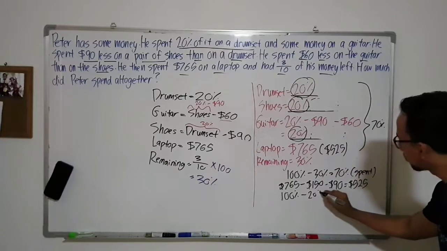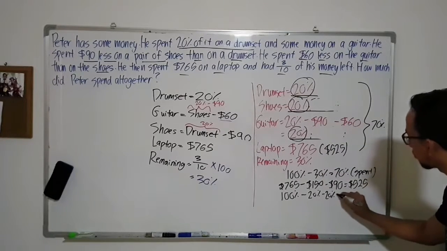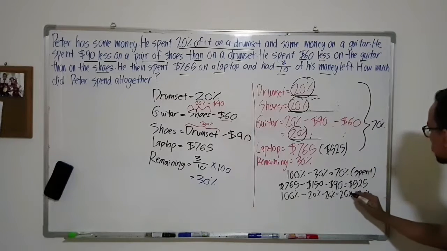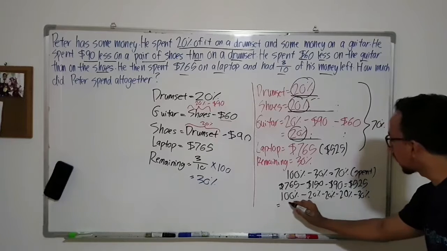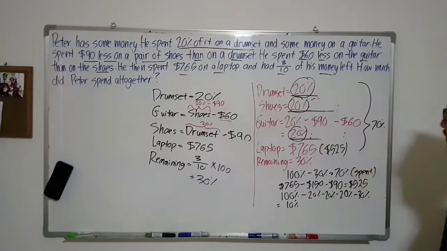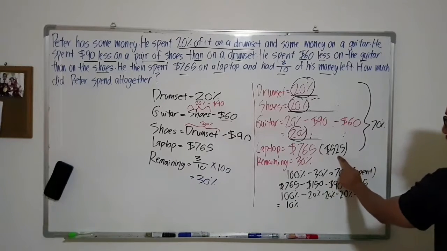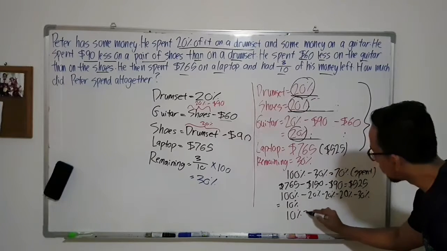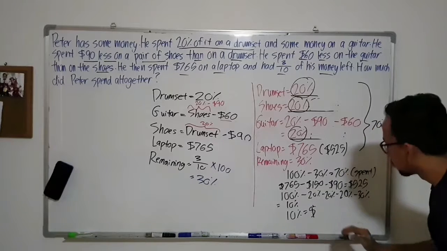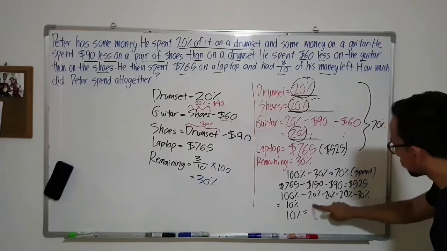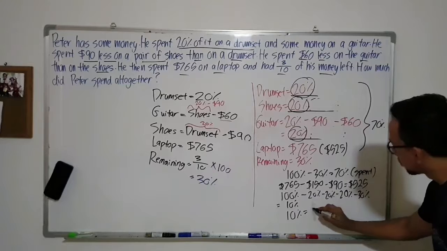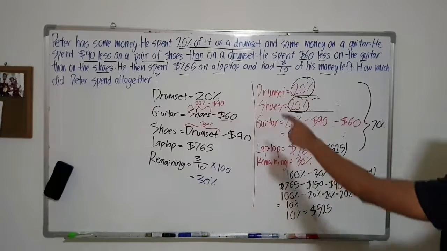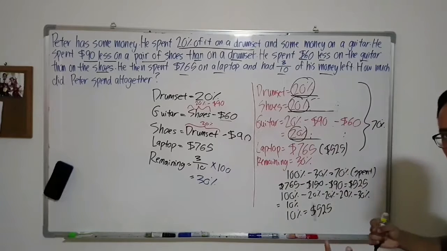You will get 10%. So now you know this 10% equals to $525. So 10% equals to $525. Now you can equate them together.